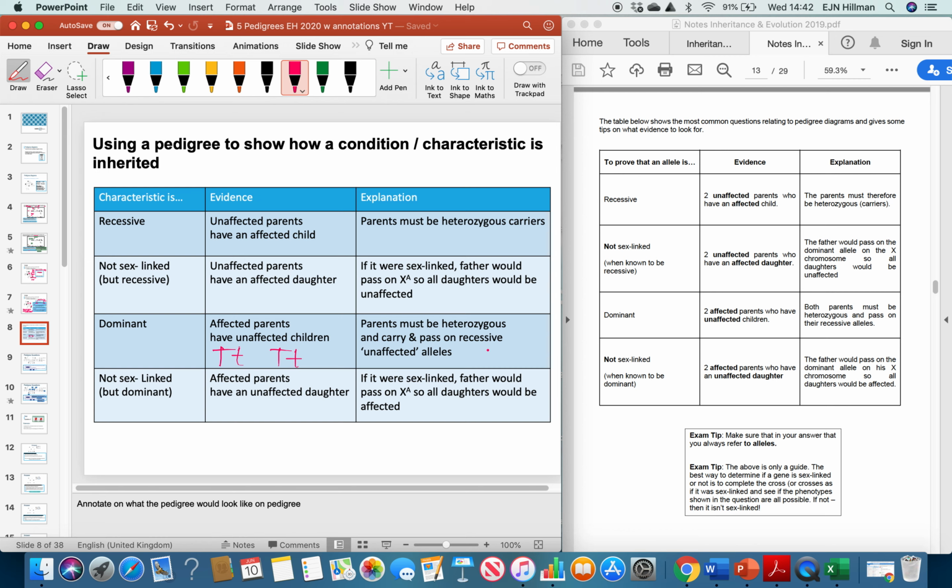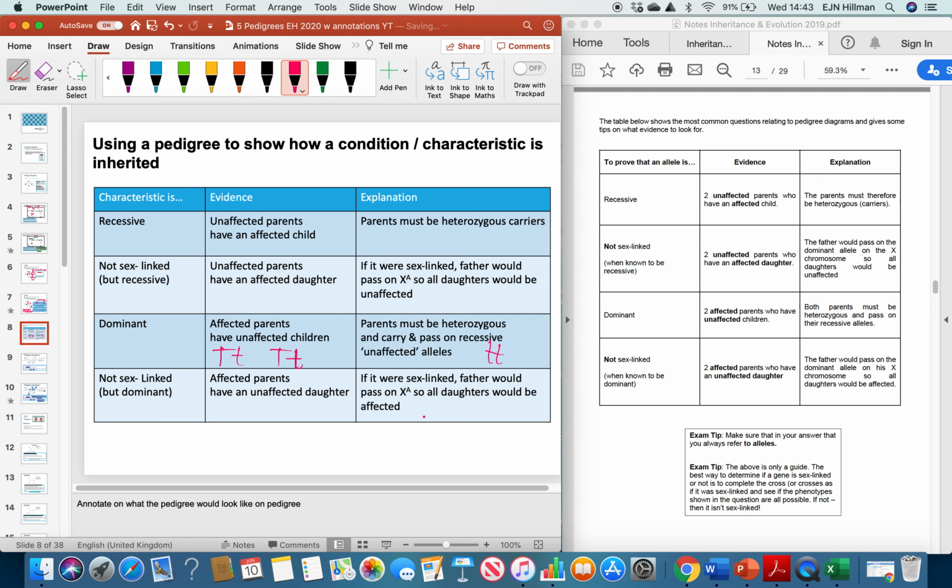However, their offspring may be unaffected, have normal colour vision, for example, because they are homozygous recessive, because they've inherited those 2 recessive alleles.